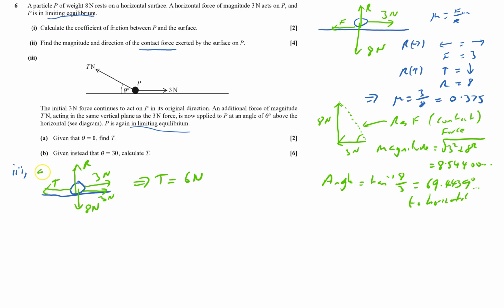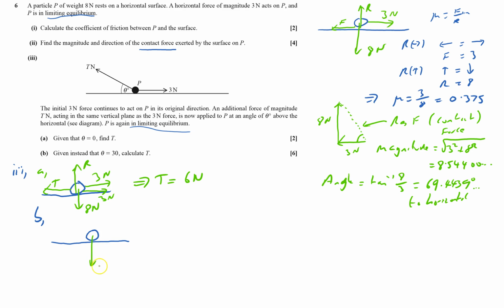That's the first part, A, and now I've got to do the second part, which is B. Now theta is 30 degrees, so I've got my line going across, I've got my object, I've got my forces on here.